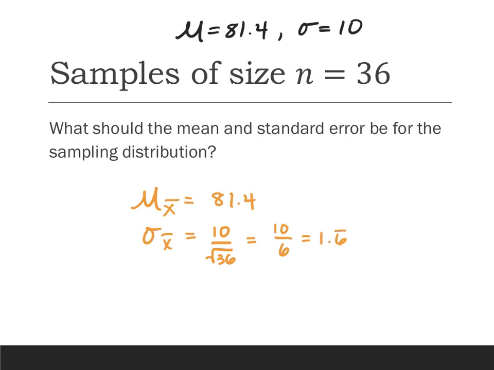To be honest, a lot of times when I'm working these problems out, I'm writing things down because our calculators will allow us to type them in like this. I actually just leave the standard deviation written this way, just 10 divided by square root of 36. Even though I know that the square root of 36 is 6, or the square root of 16 is 4, the square root of 4 is 2, it doesn't matter.